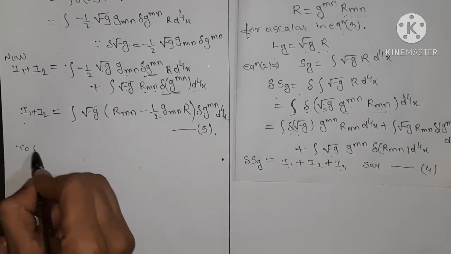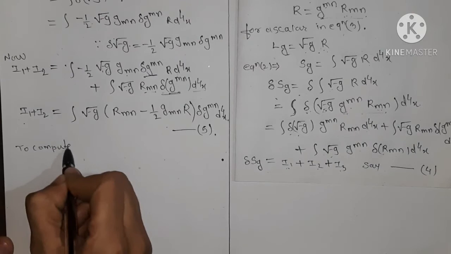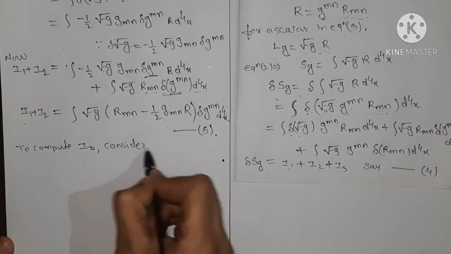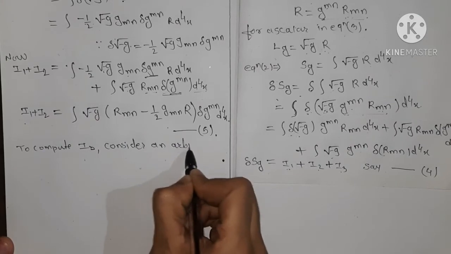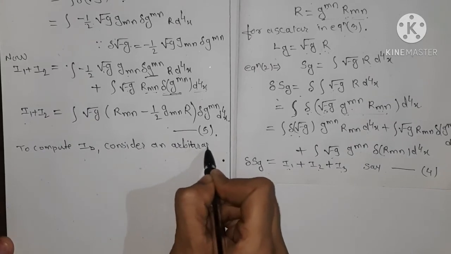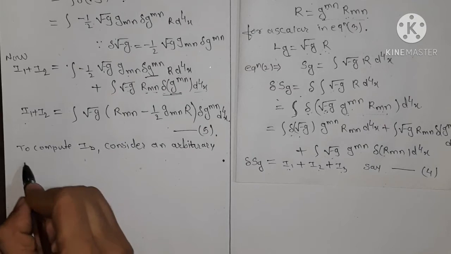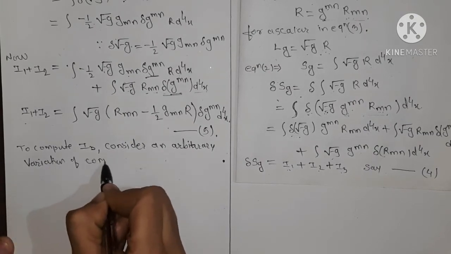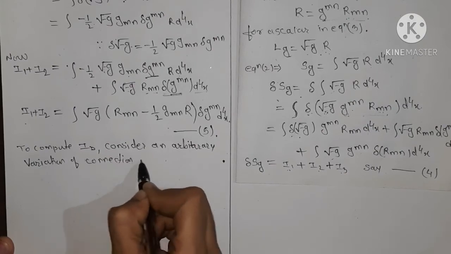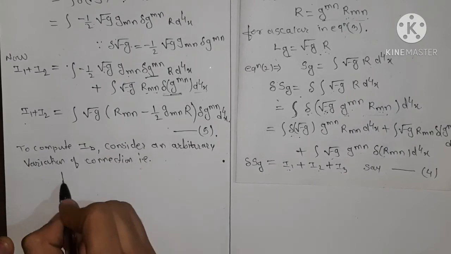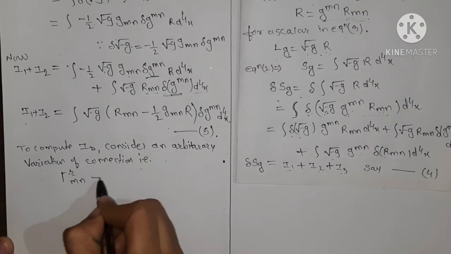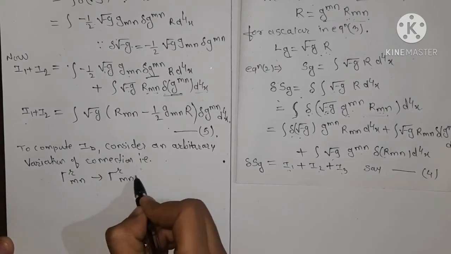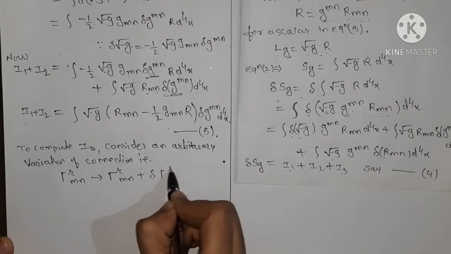So to compute I3, we consider an arbitrary variation of connection. That is, we consider gamma^r_mn is varied to gamma^r_mn plus delta gamma^r_mn.